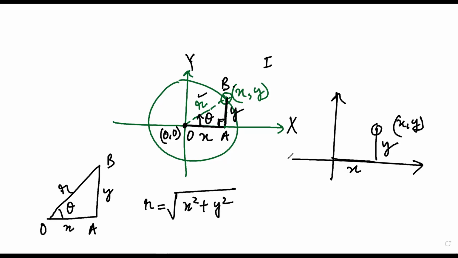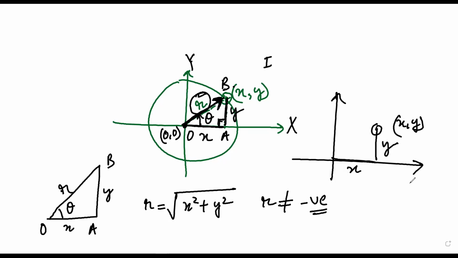Now one thing that you need to observe is that this r, because this is the radius, the value of r will never be negative. Have you understood? r will always be positive.